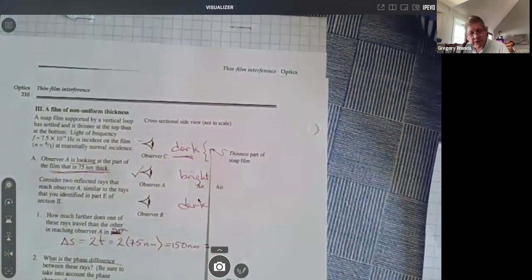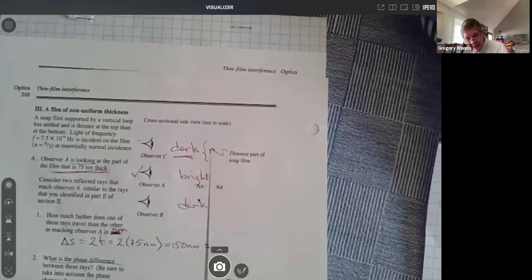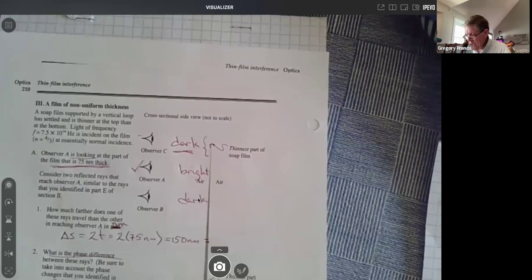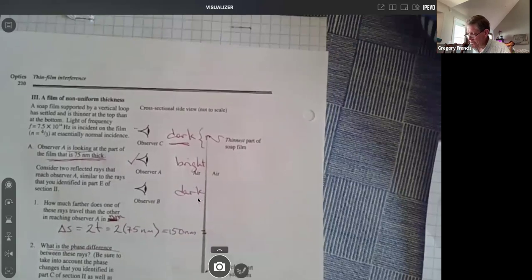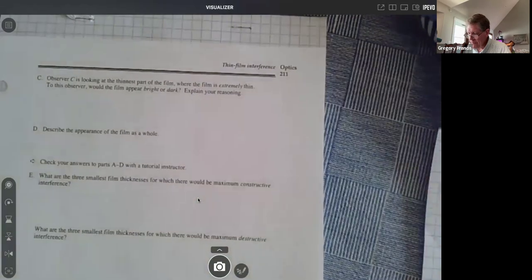And you remember that's what we saw in class when we had that soap film, that we got the colors, we got the bright and the dark spots or stripes as we moved down that soap film. But at the top, where it got really, really thin, it was dark. And that was because of that phase shift at the first surface, but not at the second surface.